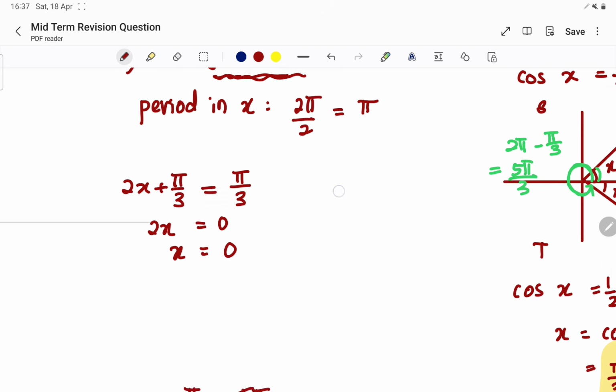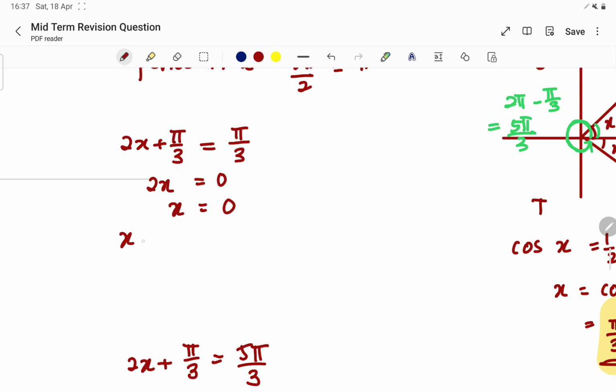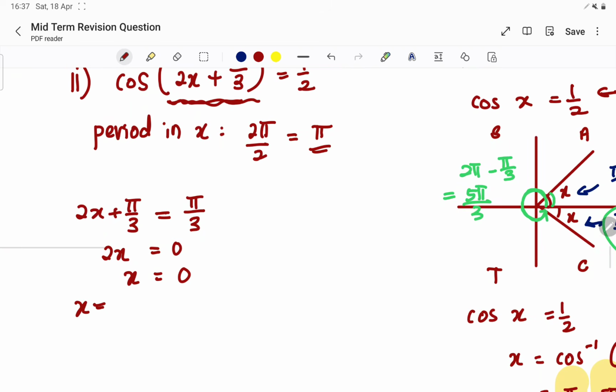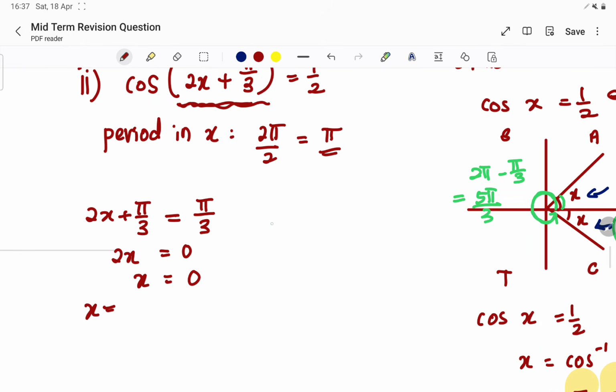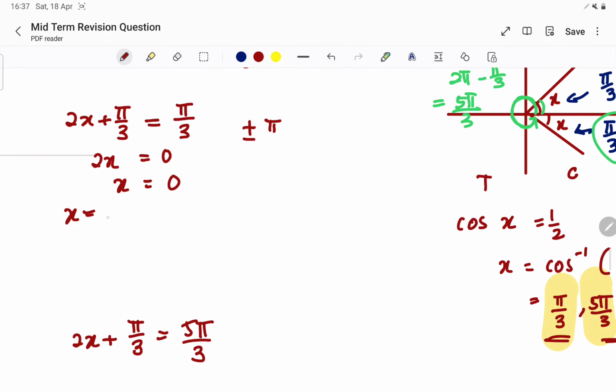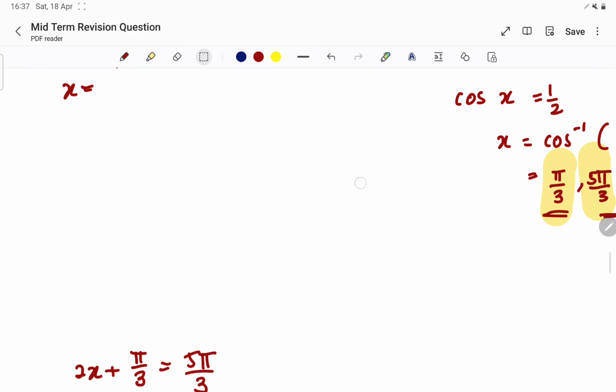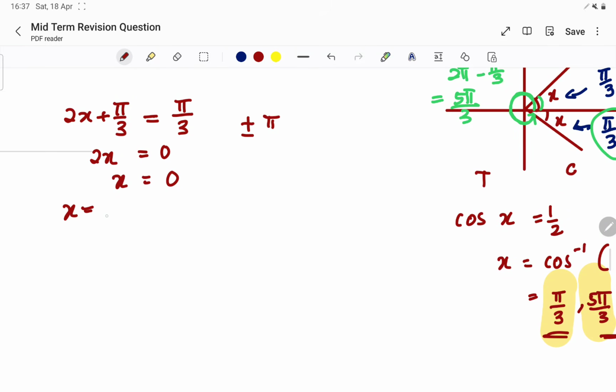Remember, once you get the period, after you get the value of x, you have to plus and minus the period that you got, which is pi. So the first value of x that you have originally is 0. Another one is 0 plus pi, where you get pi.